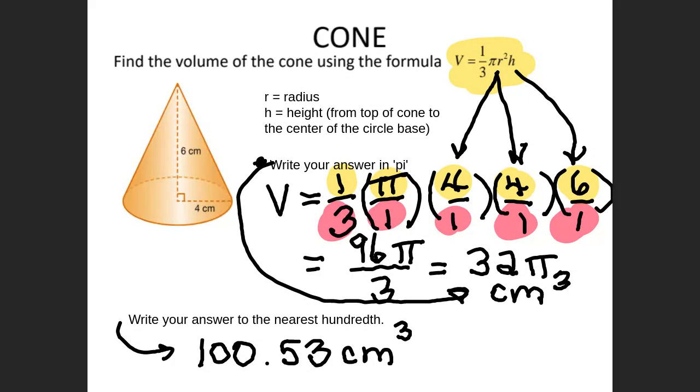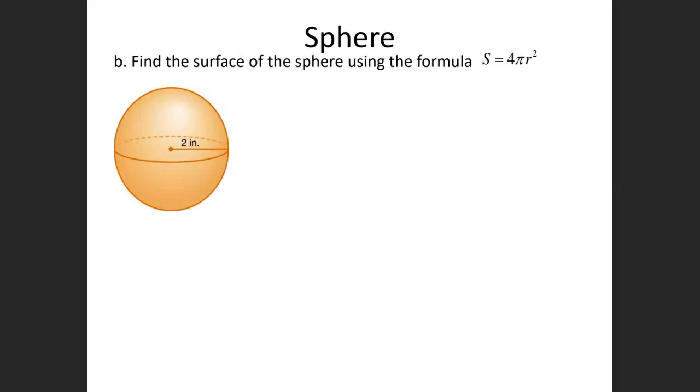Okay. Here we go. We got the formula. Now they're talking about surface, but you have to remember when they just write find the surface, they are asking for the surface area of the sphere, or the material that makes this sphere.